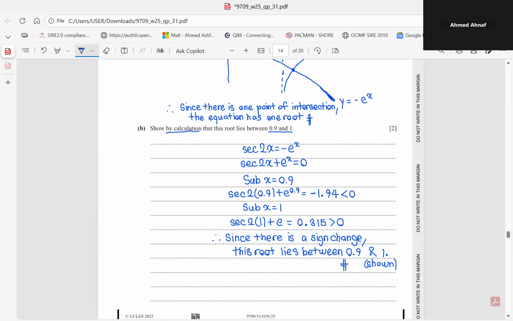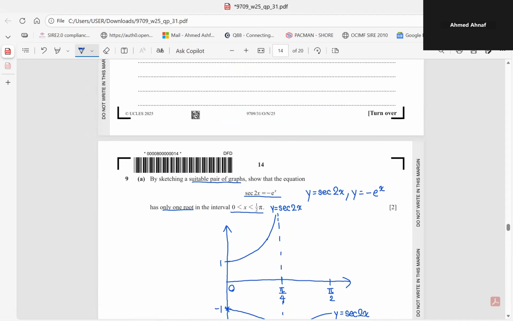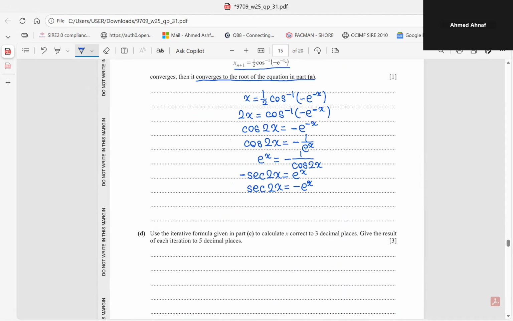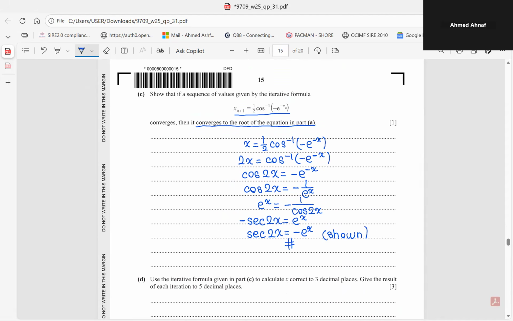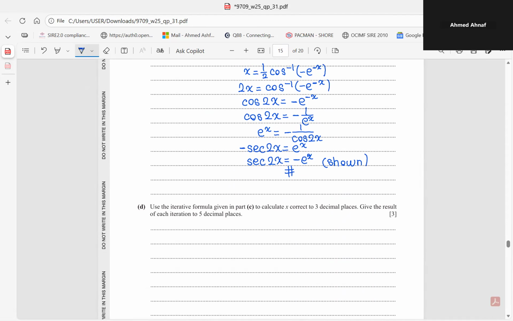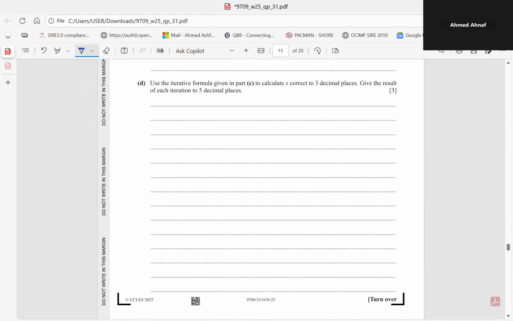As you can see, that's exactly the equation in part A. So we can write shown here. And this would be the final answer for this part C. Let's head on to the last part.